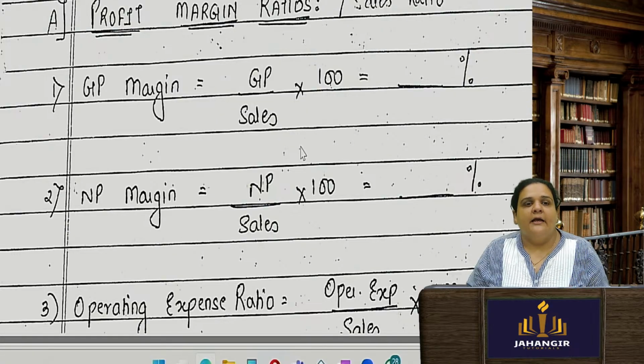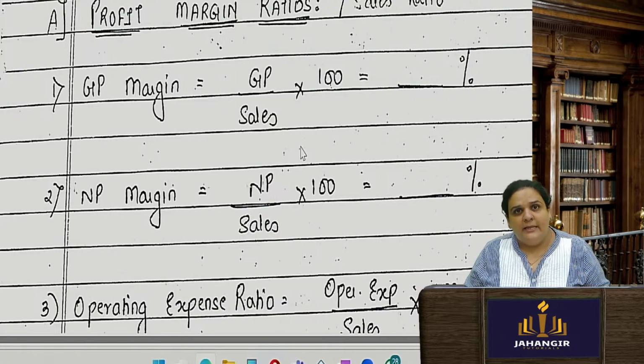However, they might ask you for 2 to 5 marks to interpret a ratio, to give an analysis based on the ratio you have calculated. If you know what the ratio is all about, you will be able to interpret it also. Important ones I will explain, and the others you can just go through.